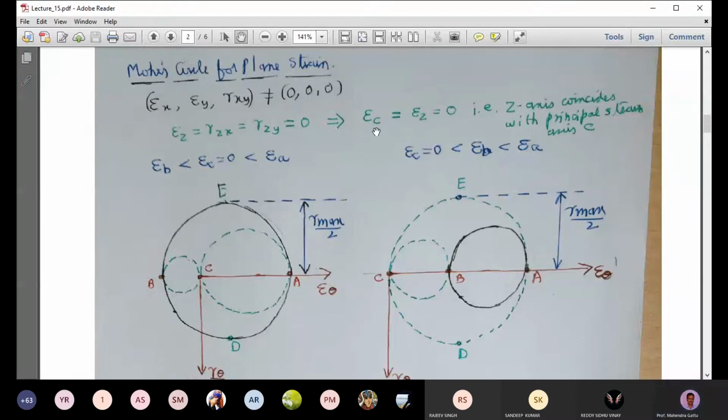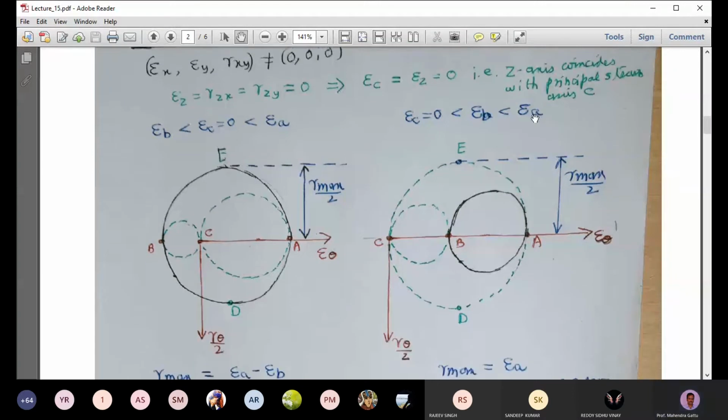Okay. So that means epsilon c is 0, and then we have these two conditions. The first condition could be that epsilon a can be positive and epsilon b can be negative, and another condition is both epsilon a and epsilon b are positive, with epsilon a being the maximum principal strain.